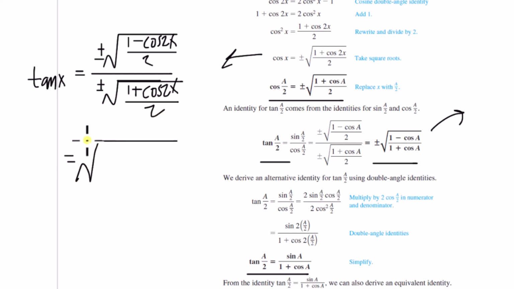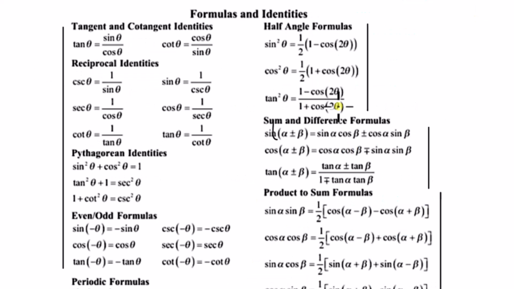If you divided these two, you would get 1 minus cosine 2x over 1 plus cosine 2x. Then you square both sides. So tangent squared x is equal to 1 minus cosine 2x over 1 plus cosine 2x. There you go.